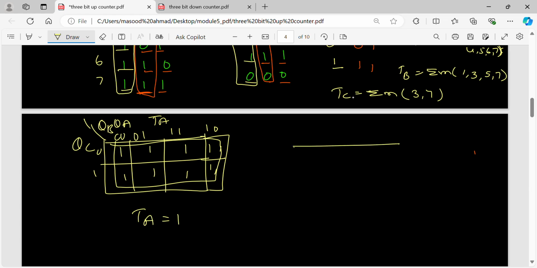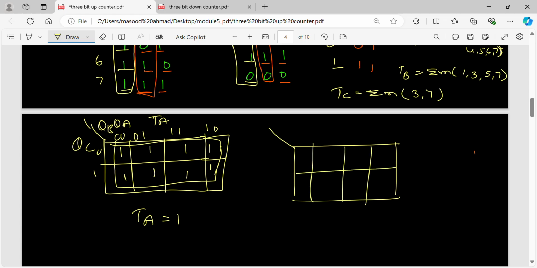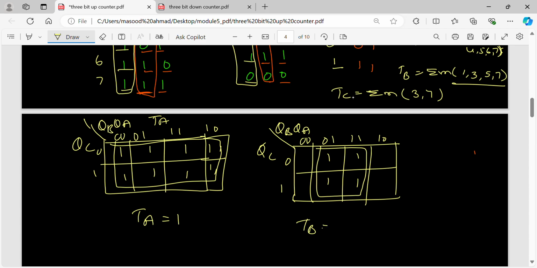Similarly, I can do for TB. Here it is QC, QB, QA, and it is 1 for 1, 3, 5, 7. So if I combine these four, what I will get is TB is QA.